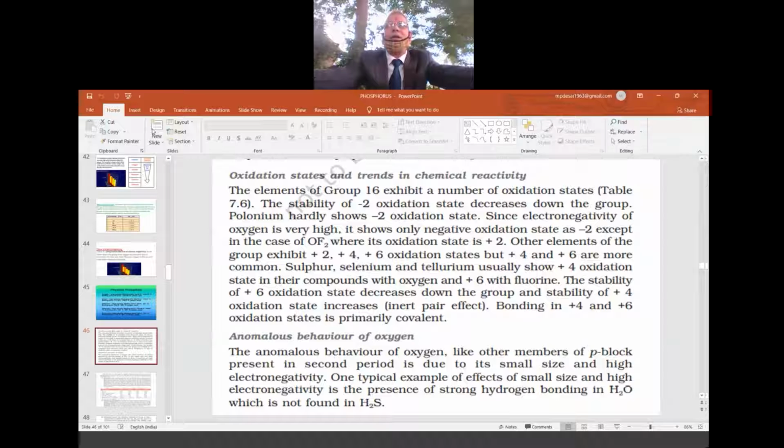One rule was that oxygen always shows -2 ON, as it is the second most electronegative element. Minus is expected, but only with fluorine, number one, oxygen has to show plus. There is no chance for oxygen to show a negative oxidation number with fluorine.